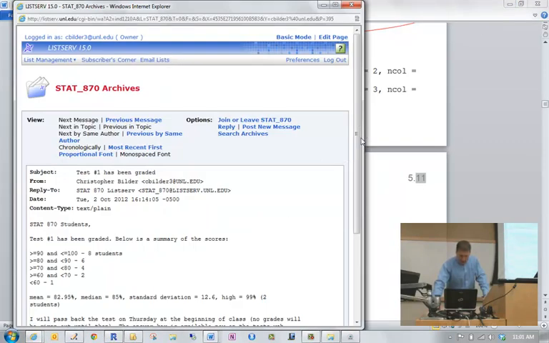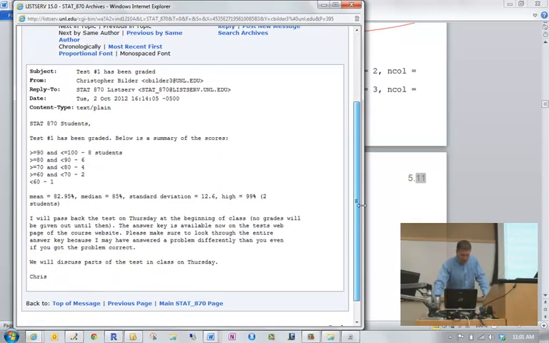I know this is small, but I can't make it any bigger. This is a distribution of the grades for the tests. Overall the grades were decent. We did have a median of 85%, so that was pretty good.